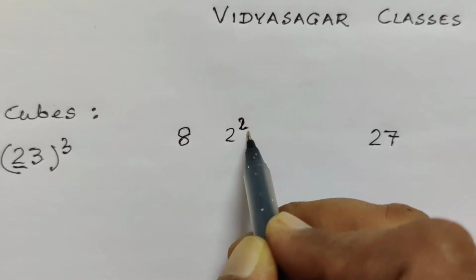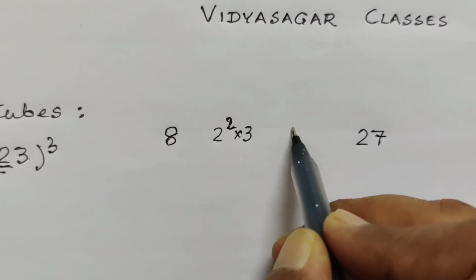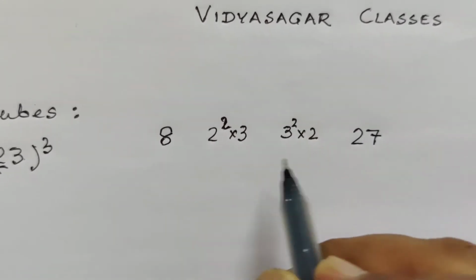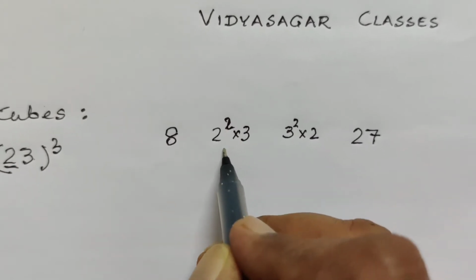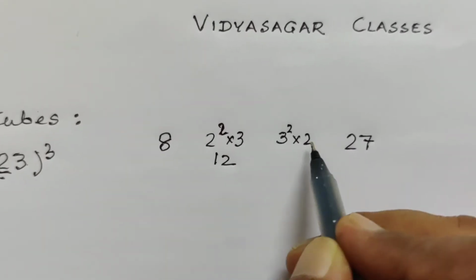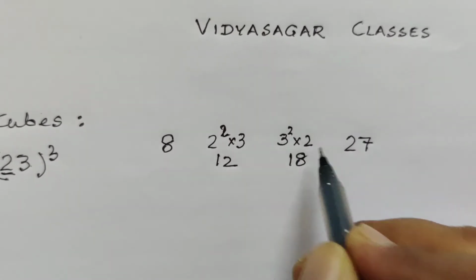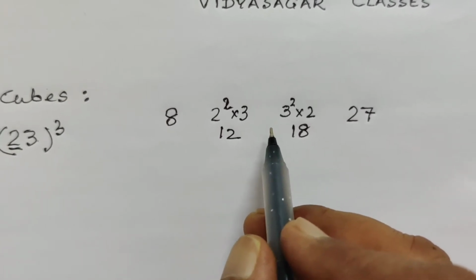Square of 2 into the units digit, and then we have to do square of units digit into tens digit. Then 4 3s are 12. 3 3s are 9, 9 2s are 18 over here. This is the very first step.